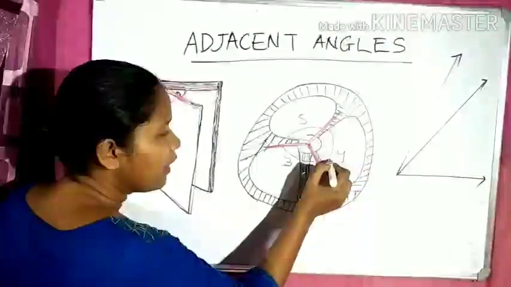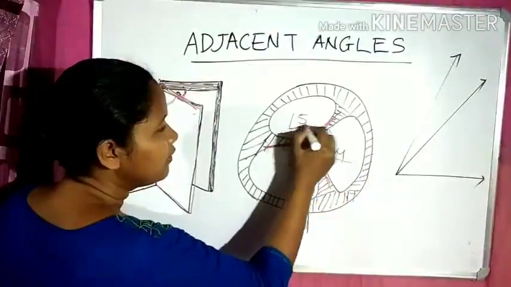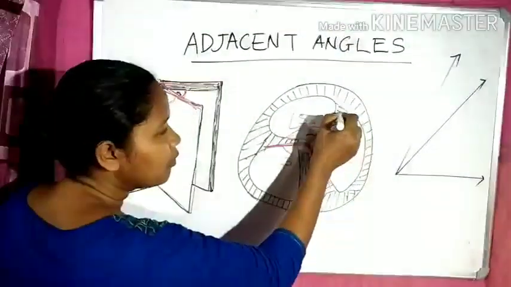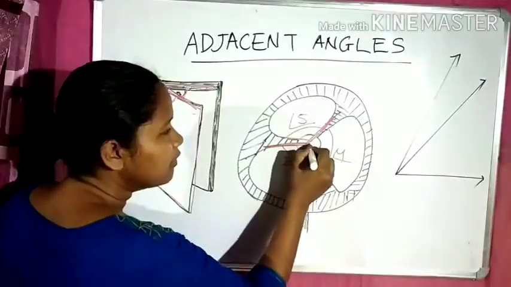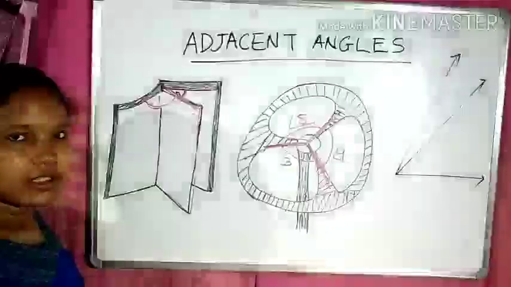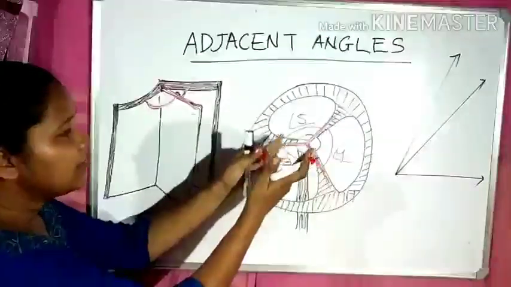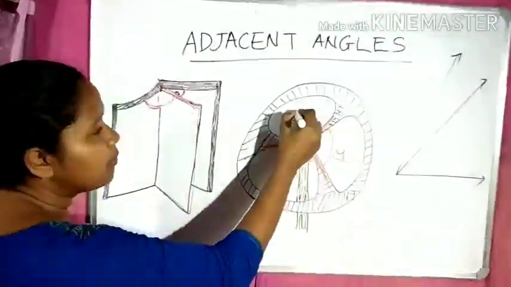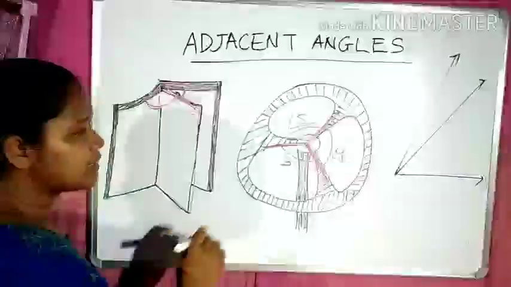Next we will compare angle 4 and angle 5. Both have a common vertex and common arm, so they are adjacent to each other, side by side. So 4 and 5 are adjacent angles.